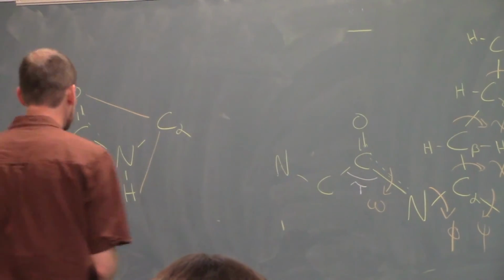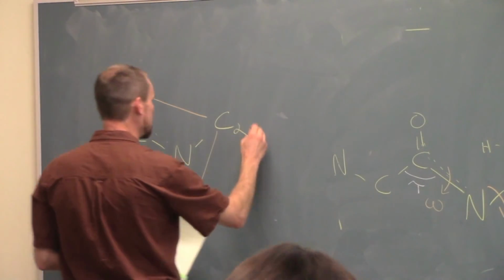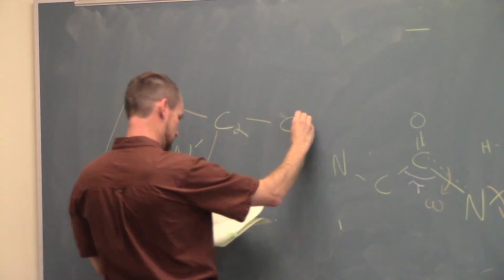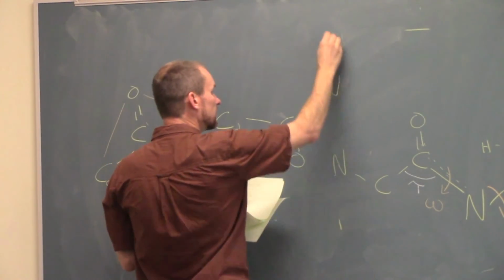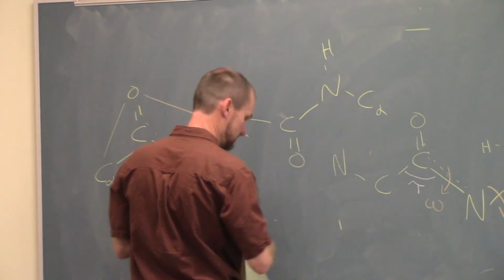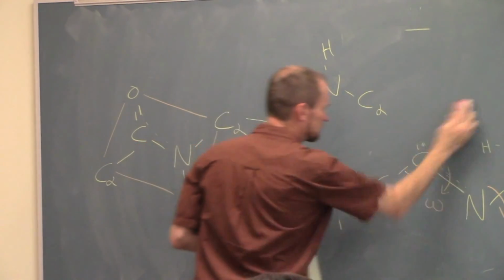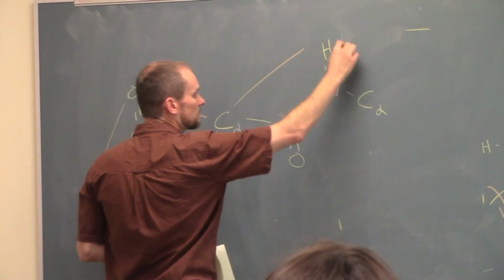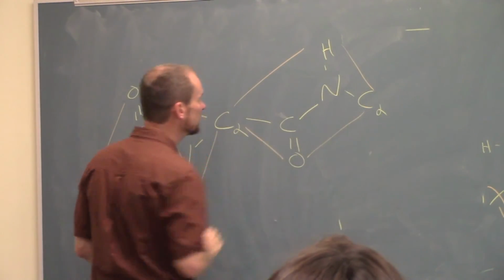And that C alpha connects to the next CO, which connects to the next N, H, and the next C alpha. These atoms all end up in the same plane.